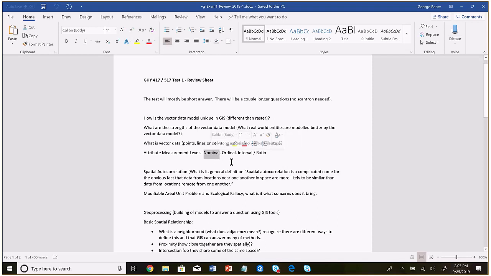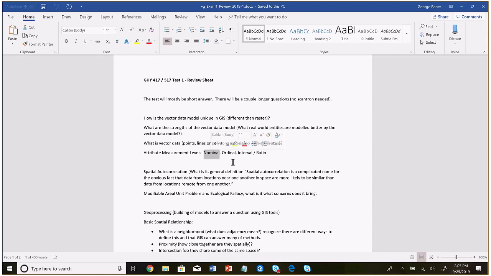In statistics, there is a difference between interval data and ratio data. Interval data is data that has an arbitrary zero, and ratio data has a real zero value.